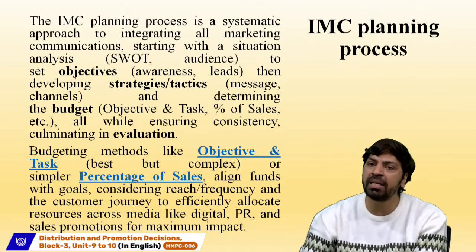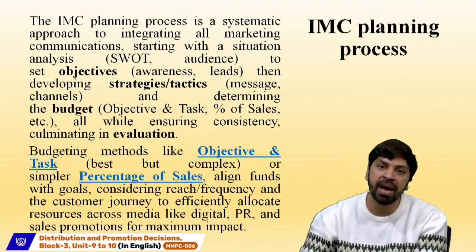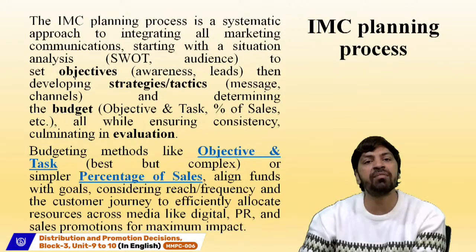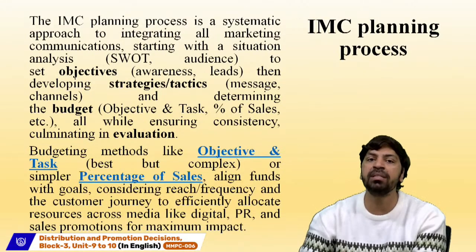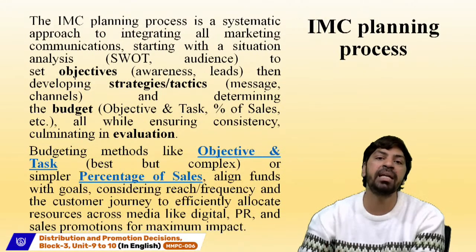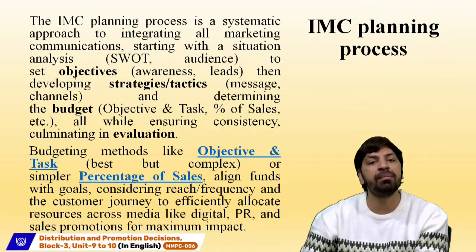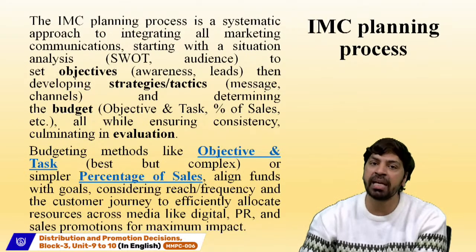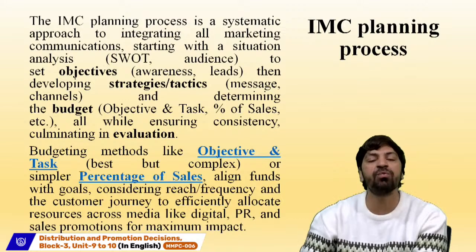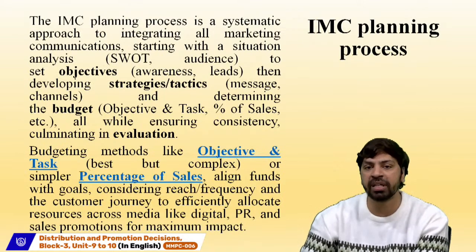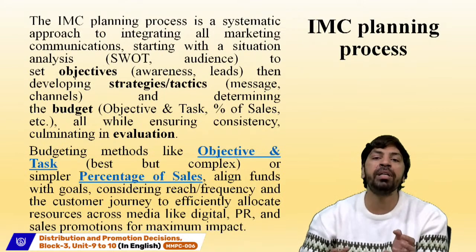It could be determined through two main methods: the objective and task method, the best but most complex one, or the simpler percentage of sales, which aligns the funds with the objectives of the organization.